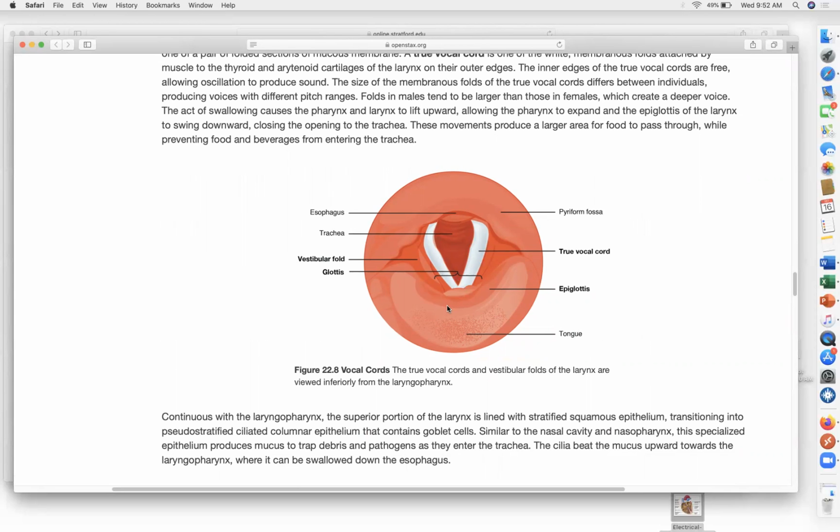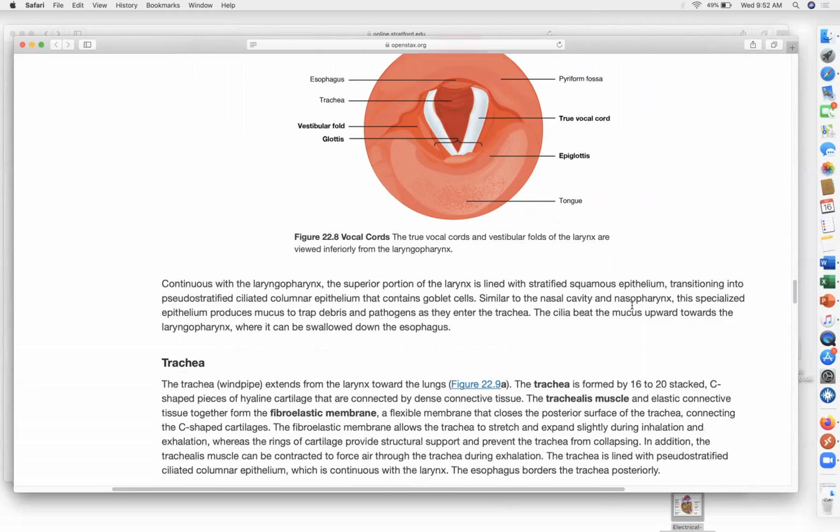But what happens when there's lots of mucus, inflammation, or infection, or cancer that gets into these folds? It will hold them down the same exact way that you hold down strings. And then it'll be muffled, and that's where you get hoarseness. So when you get aphonia, or you can't speak, the infection is so bad that these folds cannot vibrate. And if they can't vibrate in your larynx, then you won't be able to talk.